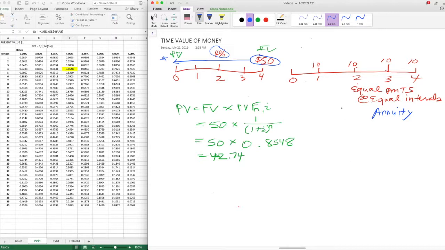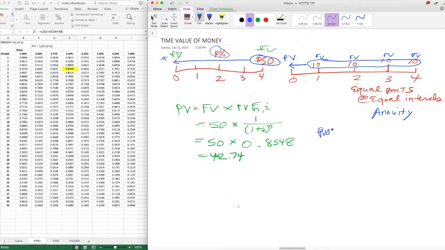Now, if we have an annuity, we can do the same kind of thing with a table to figure out what this annuity has for a value at today's date, the present value. These are all future values, and since they are equally spaced and they're equal amounts, we can use an annuity formula.